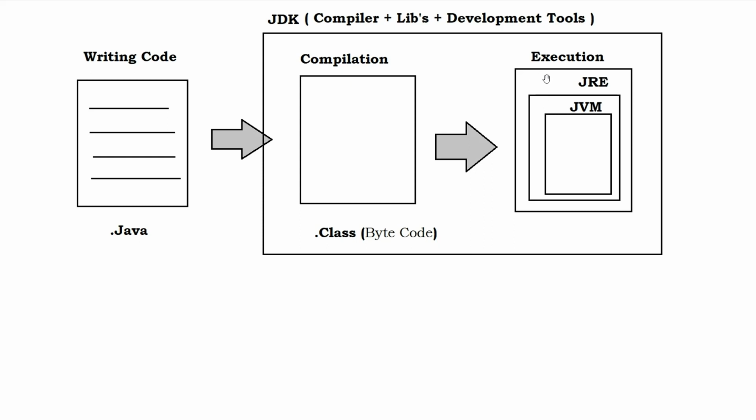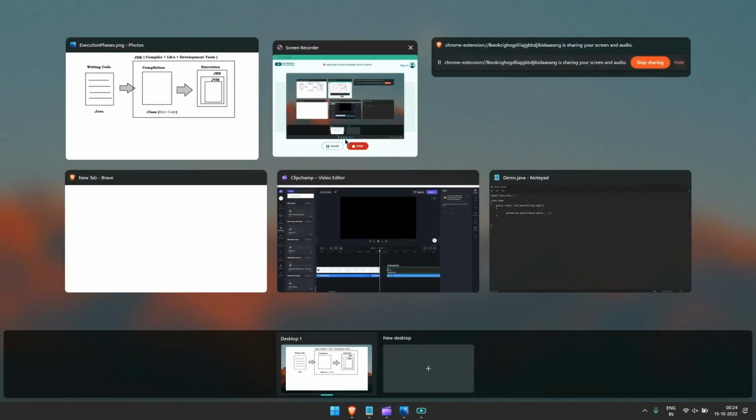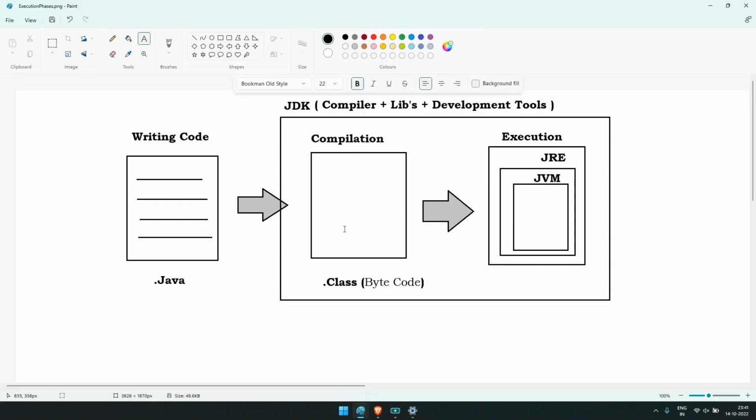In the execution flow, the JRE, Java Runtime Environment, creates an environment, and in that the JVM, Java Virtual Machine, is there, which executes the code and generates an output. The dot class file is handed to the JRE, and then the JVM will execute the dot class file by converting it.